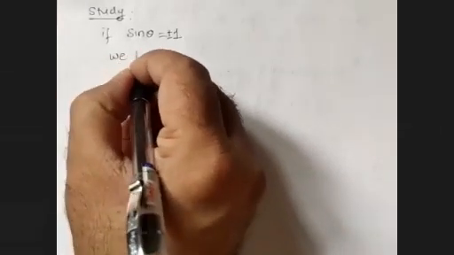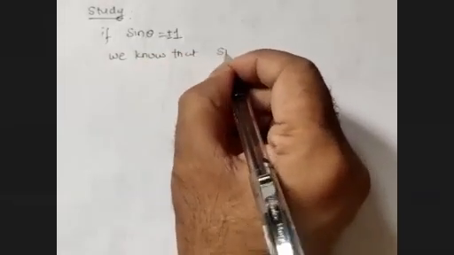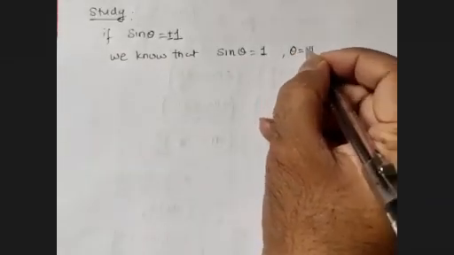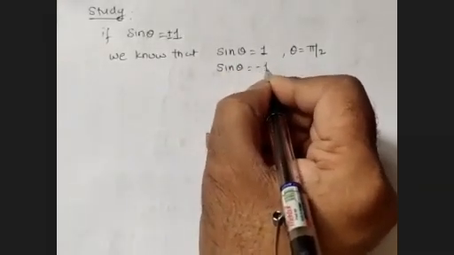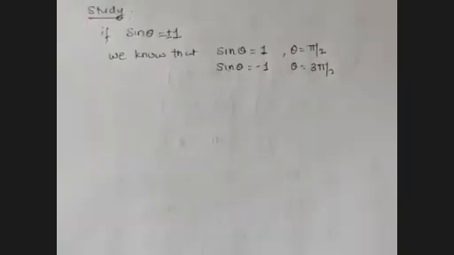We know that sin theta is equal to 1 when theta is equal to pi by 2. And we know that sin theta is equal to minus 1 when theta is equal to 3 pi by 2, that means 270 degrees.